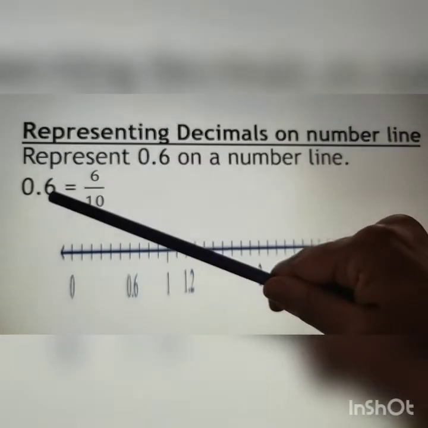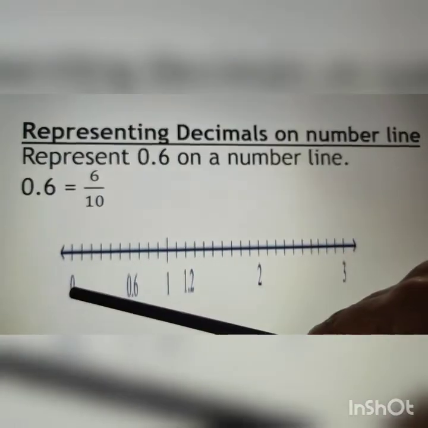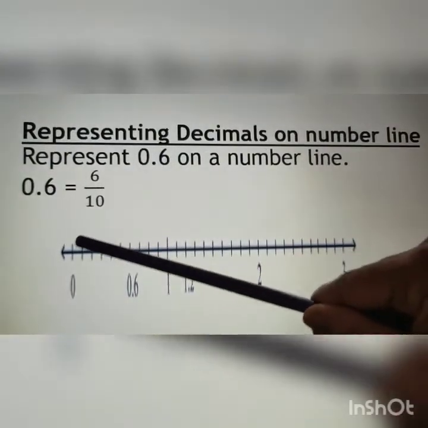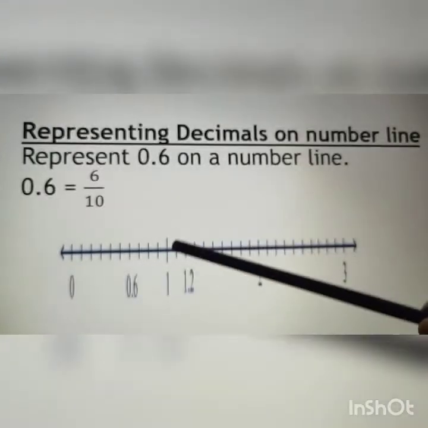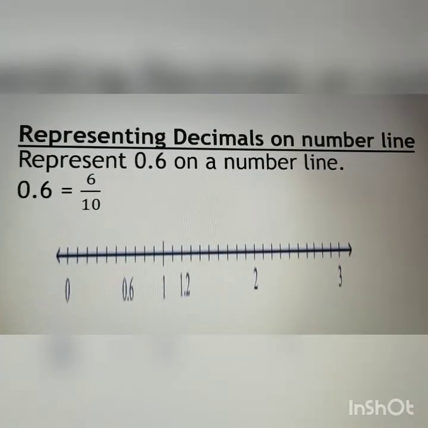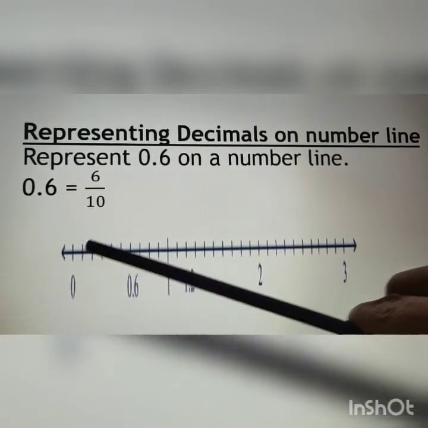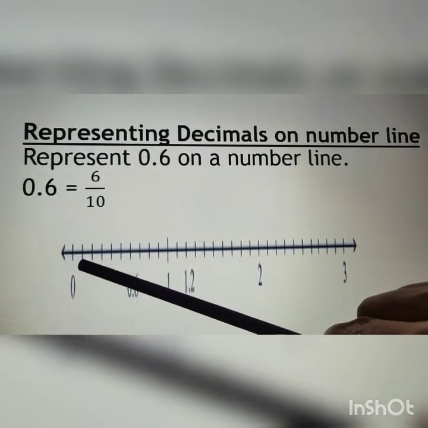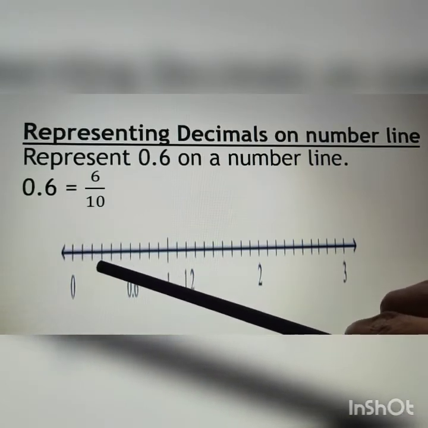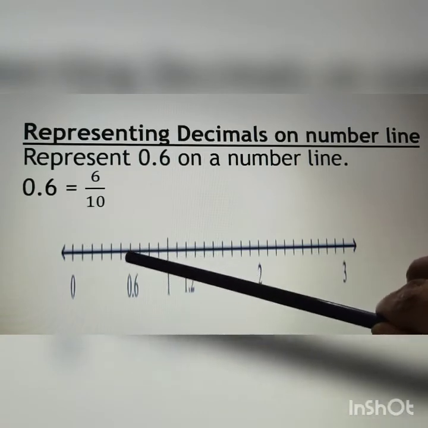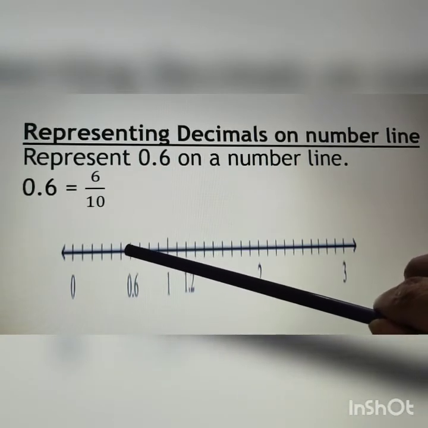And we know 0.6 is between 0 and 1. So between 0 and 1, we will divide into 10 equal parts. The points will be 0.1, 0.2, 0.3, 0.4, 0.5 and 0.6. This we have to mark on the number line.